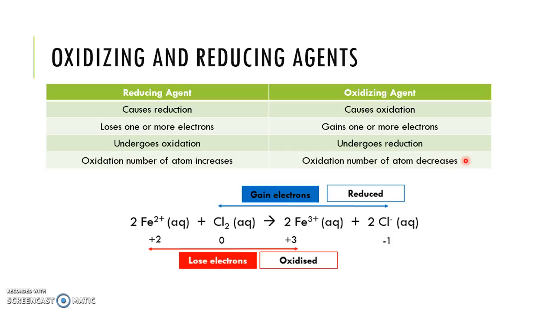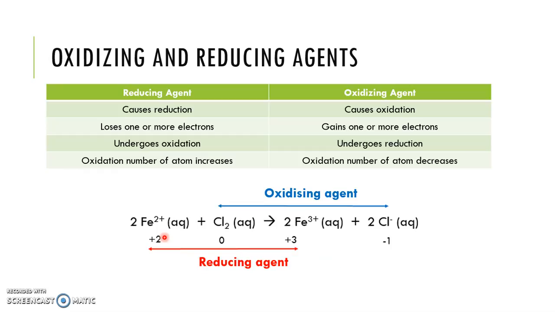From our previous example, chlorine has gained electrons and it itself has undergone reduction, and its oxidation number decreases. So it is an oxidizing agent, which causes oxidation in iron, making iron the reducing agent.